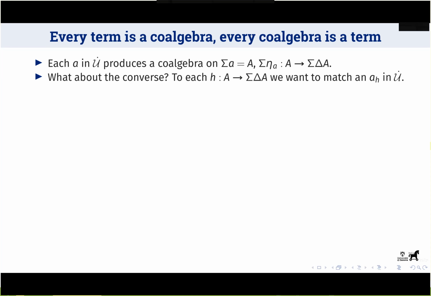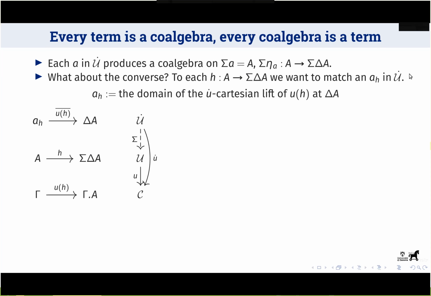So to each coalgebra, we want to match an object of the category U dot. Remember, for the category U dot, we had no previous idea of the structure held, but we can define this object A_H, where H is the coalgebra we started from, as the domain of the U dot Cartesian lift of UH at delta A. So we start from H, compute its image through U, and get a morphism of contexts.